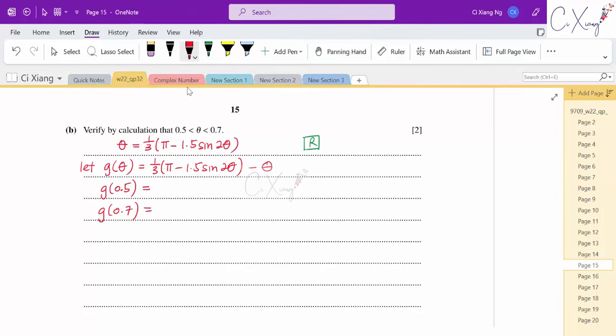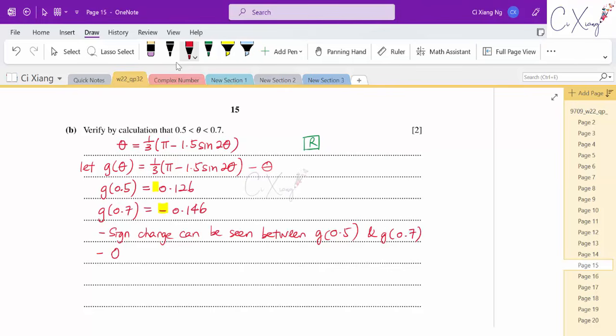Then when you press calculator for g(0.5), you'll get 0.126. When you substitute the value 0.7, you'll get negative 0.146. So you can see the sign change happen here. One is positive and one is negative. Therefore, you can make a simple conclusion where sign change can be seen between g(0.5) and also g(0.7).